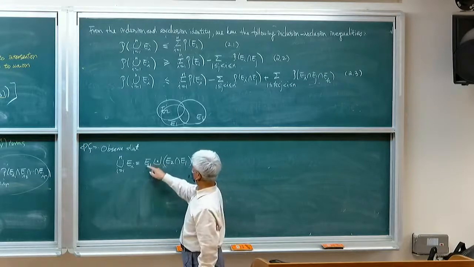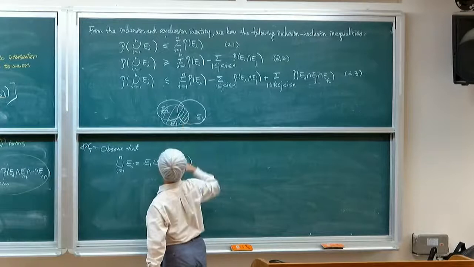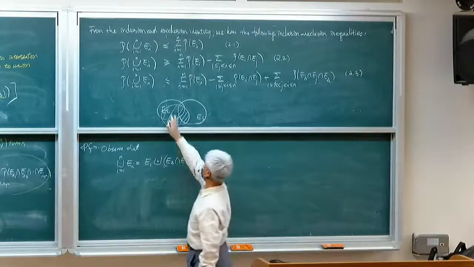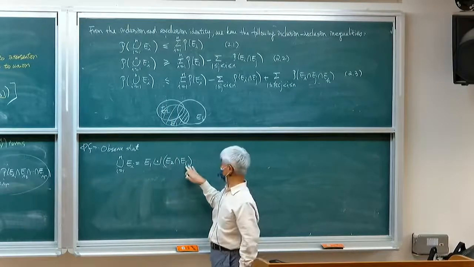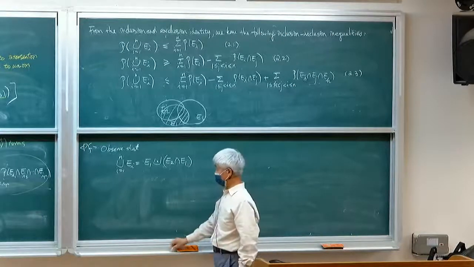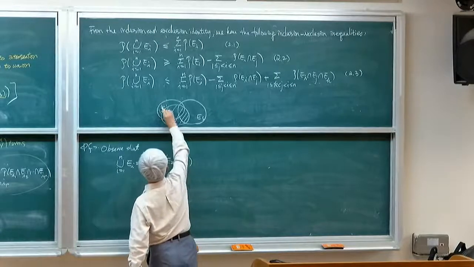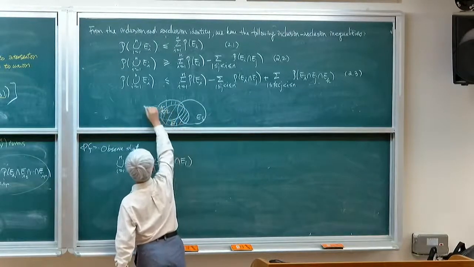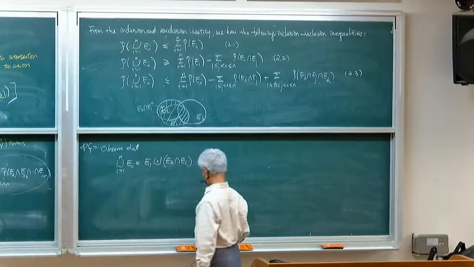Because we want to make this union into a disjoint union. Okay, so once we have E1, the contribution from E2 will be E2 intersects with E1 complement, right? Excluding something in E1. Is that okay?